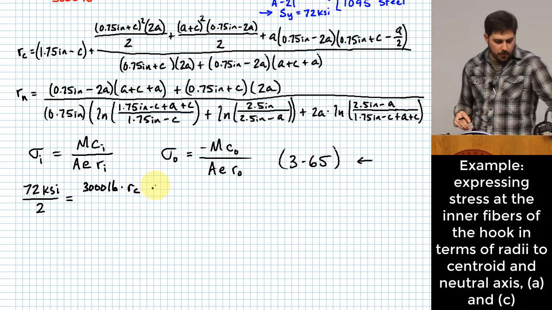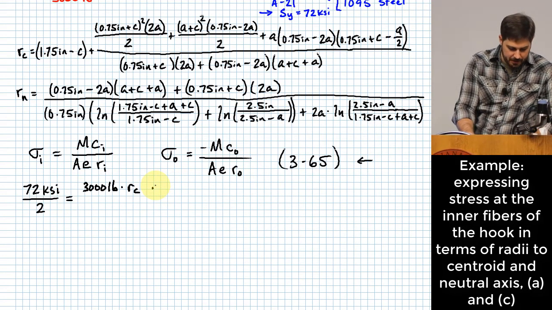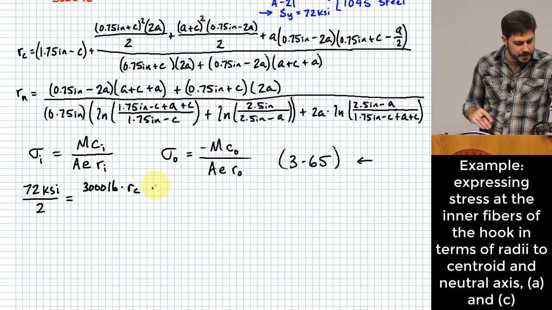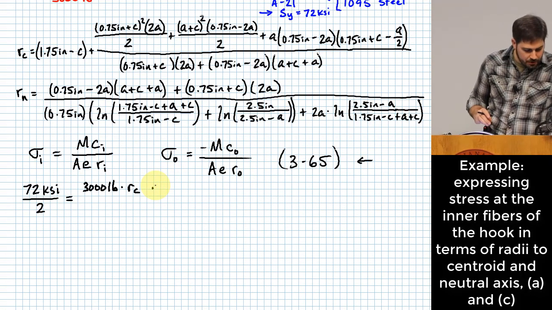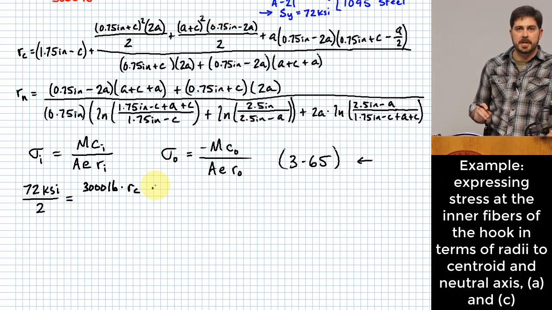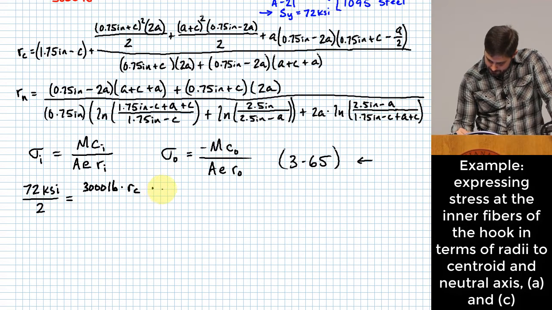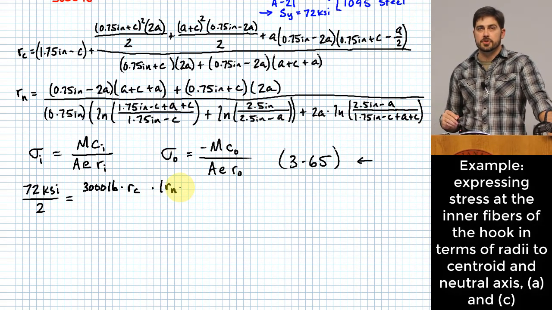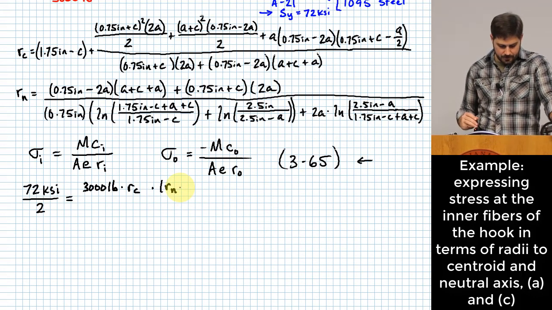For C sub I, let's make sure we aren't misunderstanding C sub I. It actually has these listed on that figure on page 132, figure 334. C sub I is the distance from the neutral axis to the inner fibers of the beam. So what would that be? Well, we don't know where the neutral axis is yet, right? So we want to put that in terms of R sub n, right?